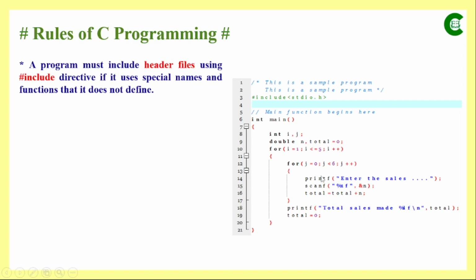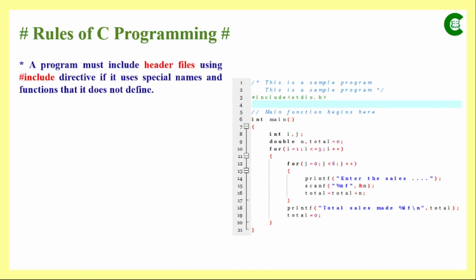Here we have printf, scanf, these are library functions. Their definitions are written within this stdio, standard input output header file. So whenever a C compiler reads printf, it will fetch the definition from this header file. Accordingly it will understand what this printf function does, and we don't have to bother.